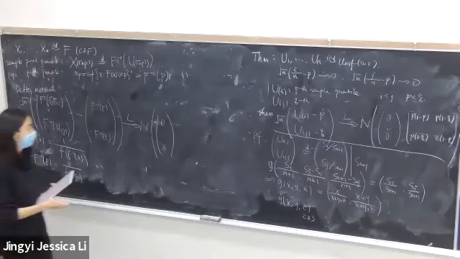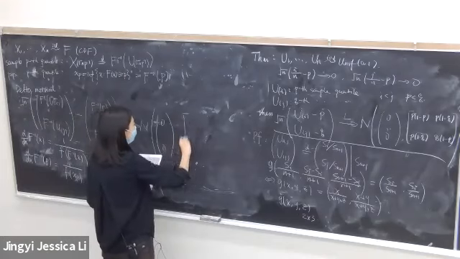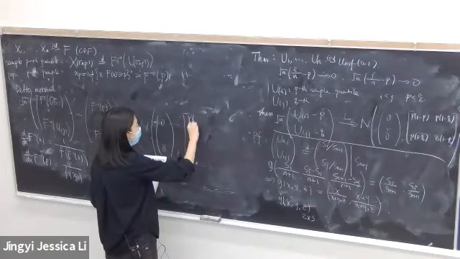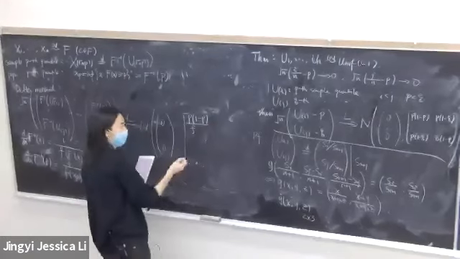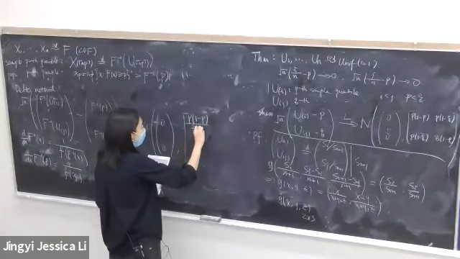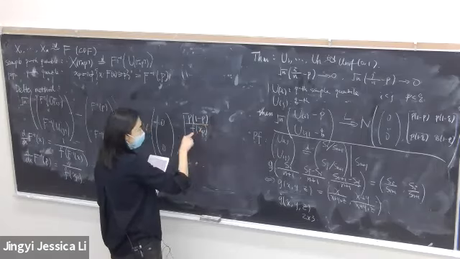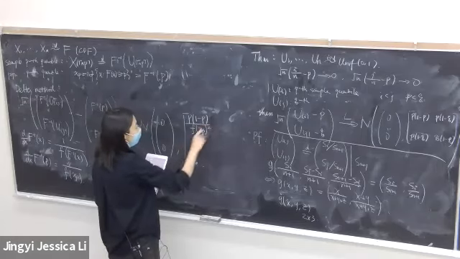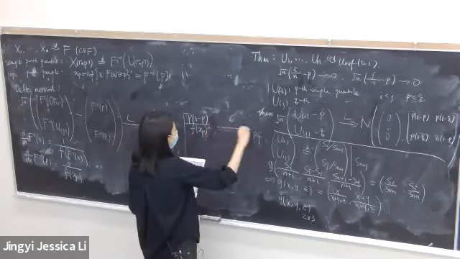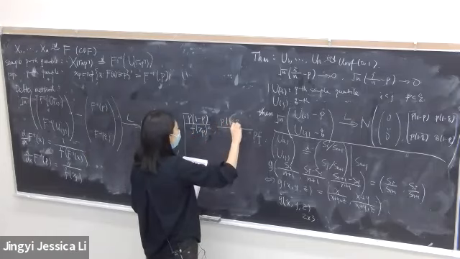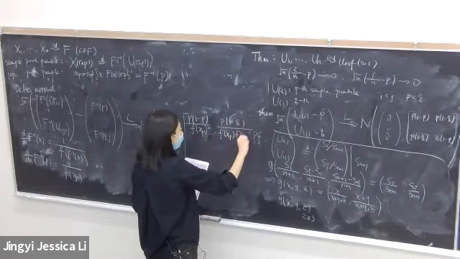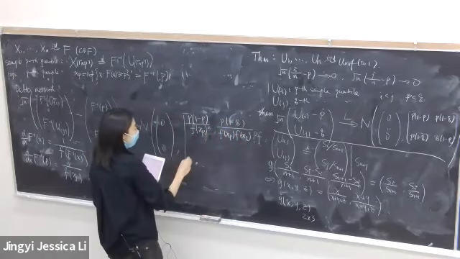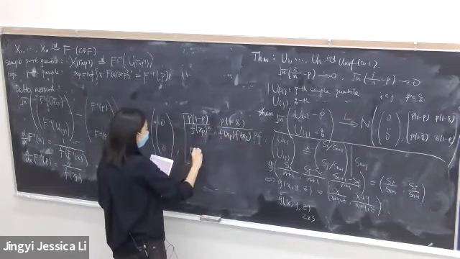So putting it simply, this covariance matrix will have this form: p times 1 minus p divided by the probability density function evaluated at the population quantile, squared. Then p(1 minus q) over f(xp) f(xq), and the same here.